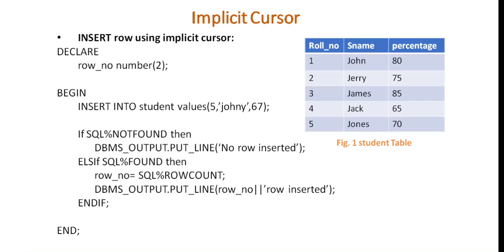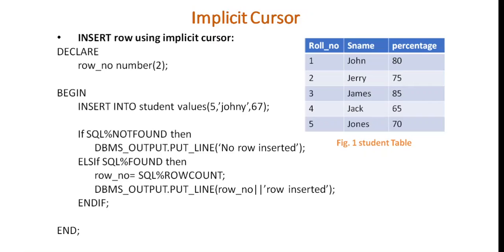If not, then we go to the else if block. In the else if block, again we are checking whether any row is inserted by the cursor, using the syntax SQL percent found. If SQL percent found returns true, it means that a row is inserted by the cursor.